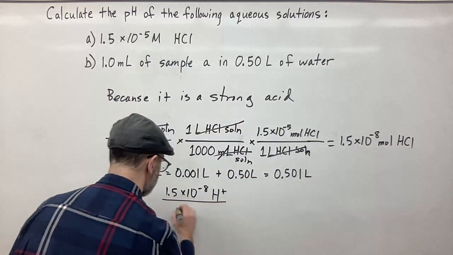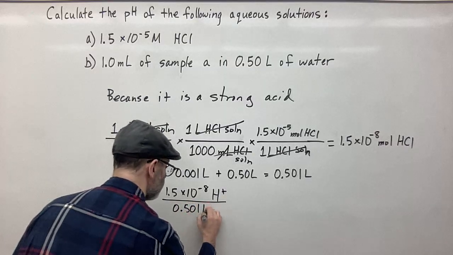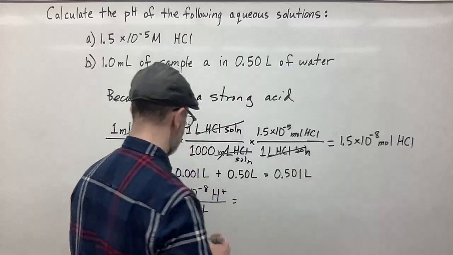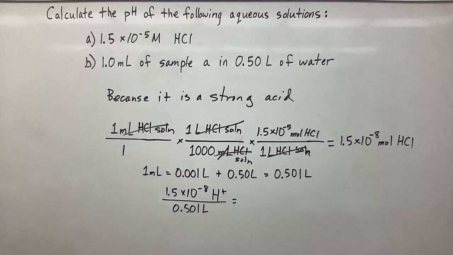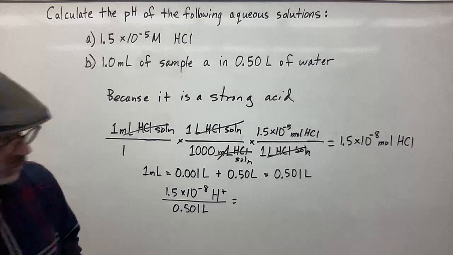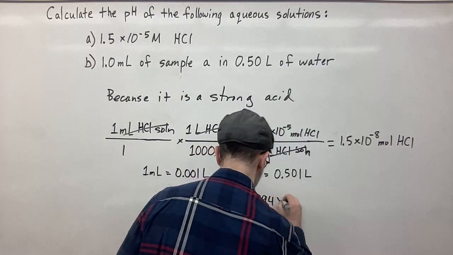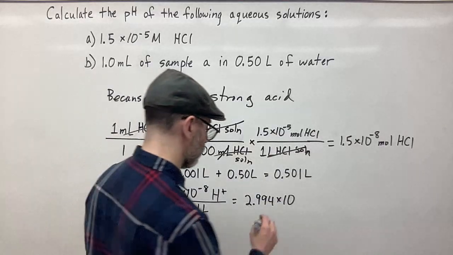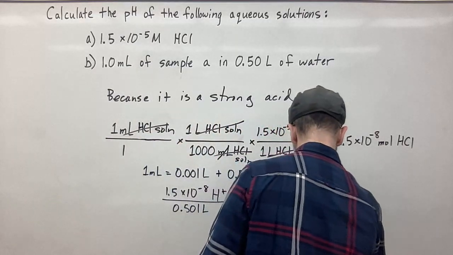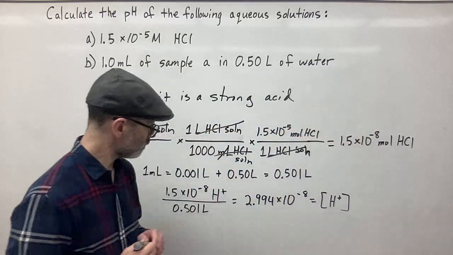I'm going to divide it by 0.501 liters, and we should get a concentration of H plus of 2.994 times 10 to the negative 8, and that's equal to the H plus concentration.